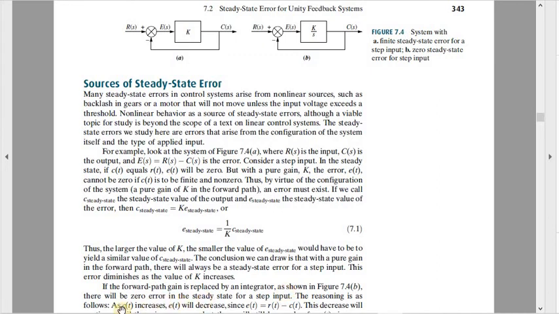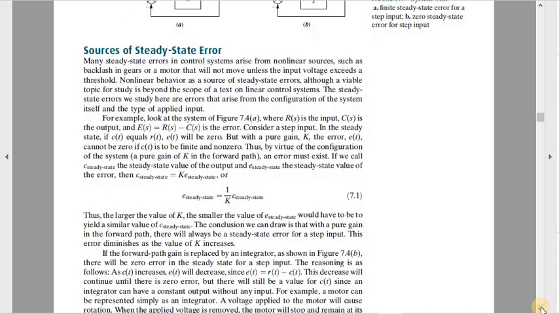How is it possible? For example, the output C of T increases, so the error decreases. Since error is equal to R minus C, this decrease will continue until there is 0 error. But there will still be a value of C of T, since an integral can have a constant output without any input.